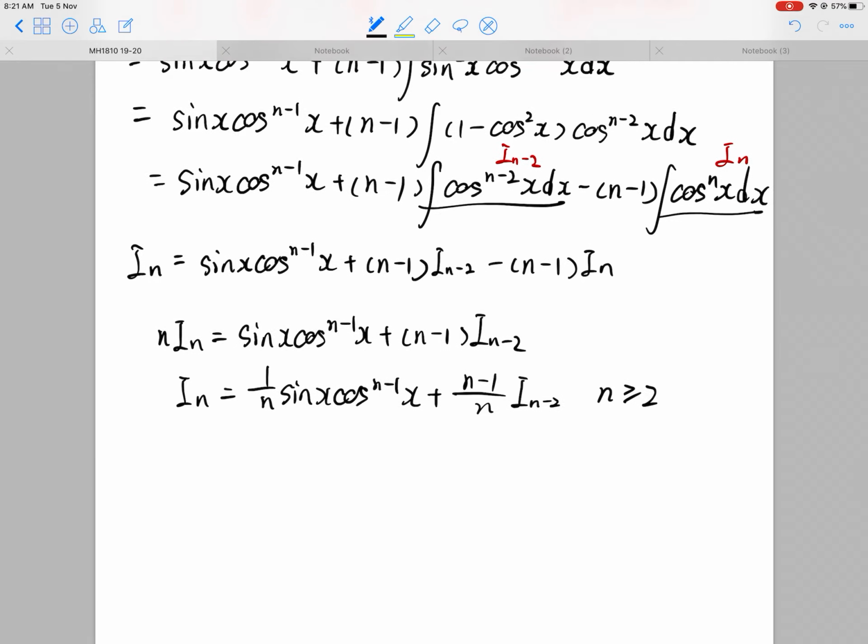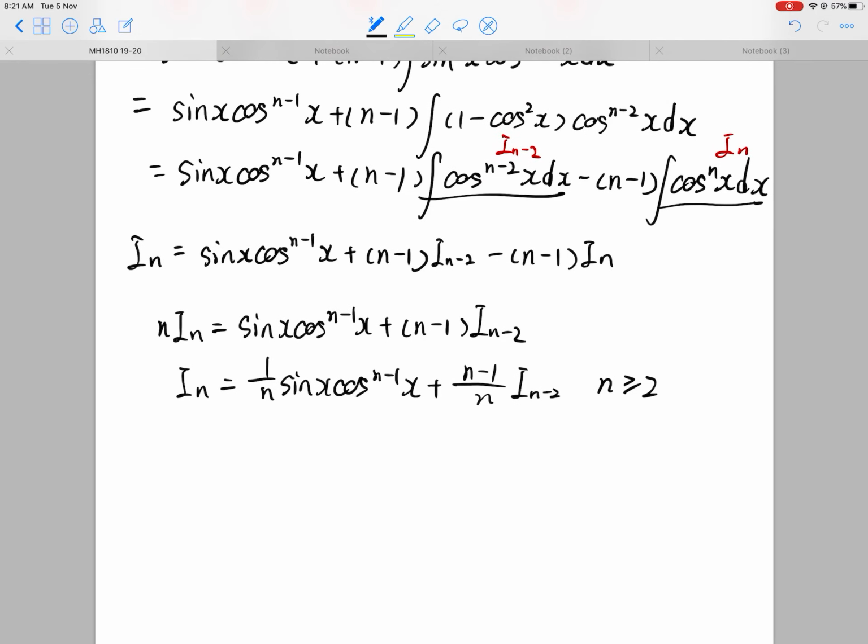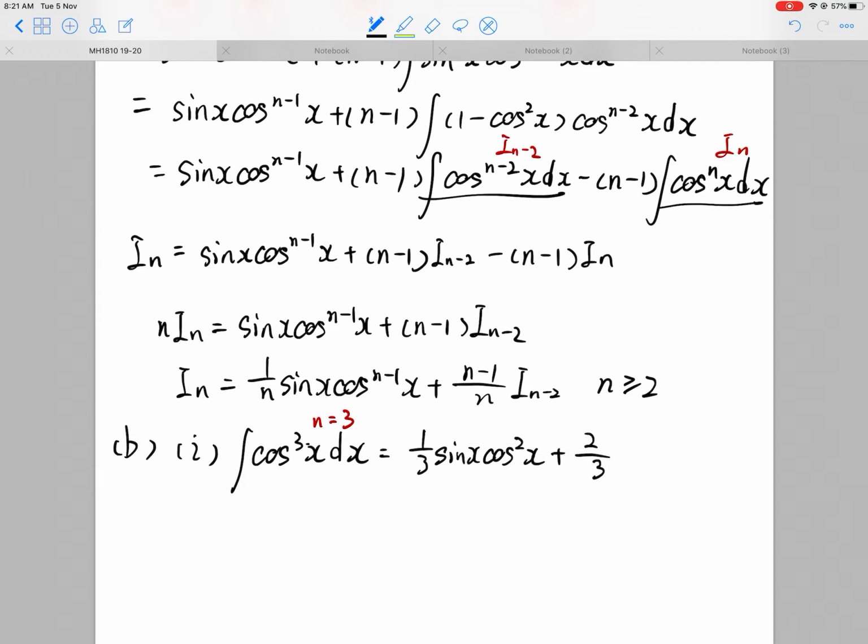Okay, then part B: use part A to help you quickly solve this integration. For example, cosine x cubed. Now realize n is 3, so you can substitute 3 here. It should be 1 over 3 sine x cosine x to the power of n minus 1, plus 3 minus 1 over 3 I_1.